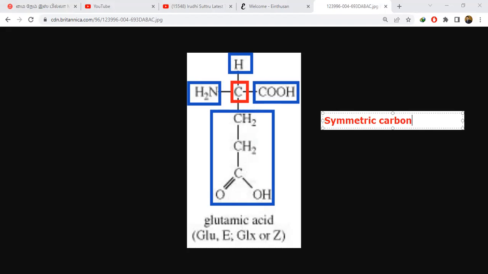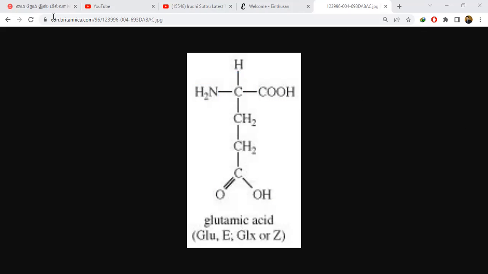I am not here to tell those details, as that will be beyond our limits. Understood? So how can you decide if the 4 groups are different? It is an asymmetric carbon. If at least 2 are the same, symmetric carbon.